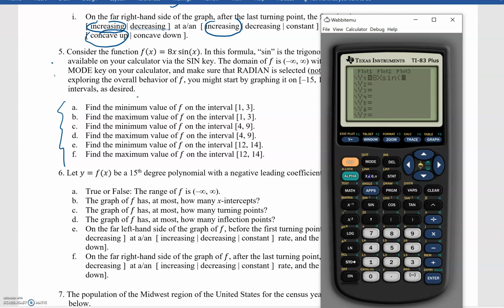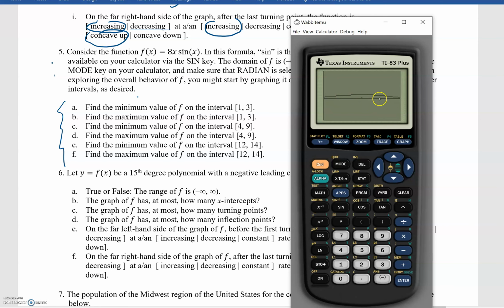I didn't do zoom fit, I just hit graph. Maybe I should have done zoom fit, so why don't we do the zoom fit? We've got a picture kind of like that.